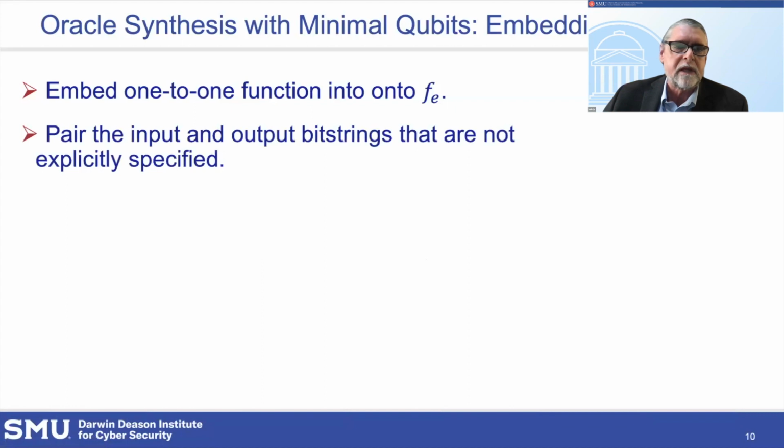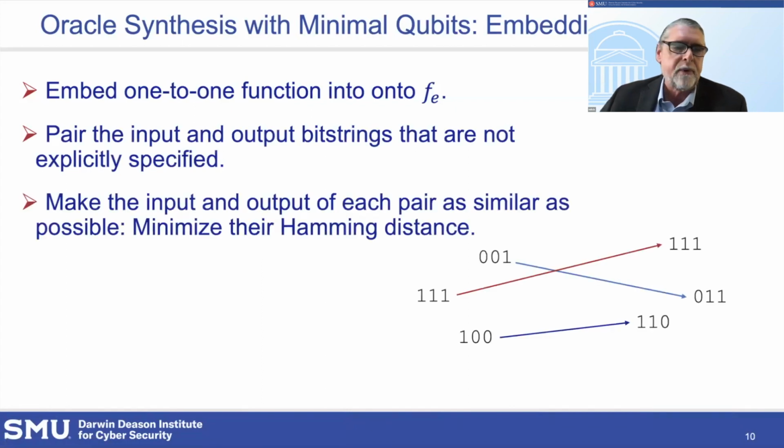There's some heuristics. For example, we found that as we make assignments to ancilla and garbage bits, it's advantageous to cause specific function, domain, and range pairs to have a minimal Hamming distance. That tends to help with reduced circuit complexity.